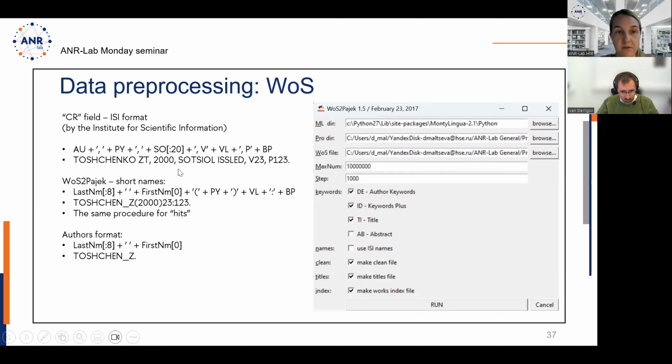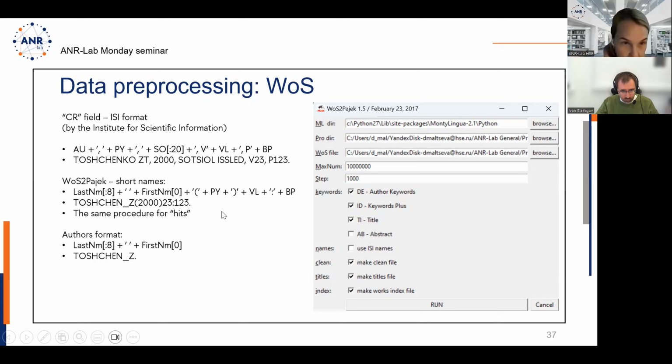This is done to construct a kind of short name, and as there are some rules, it is proposed that all the same articles by Toshchenko of 2000 would be written in the same way.